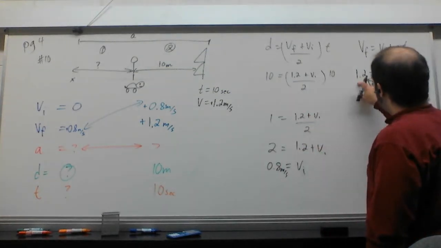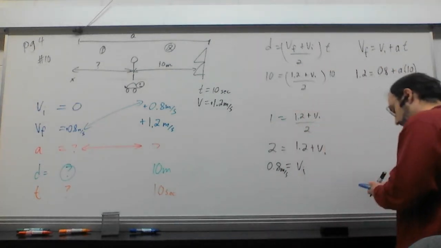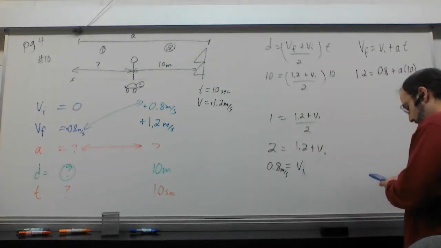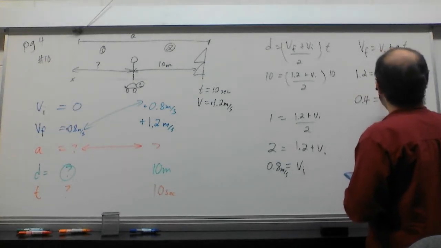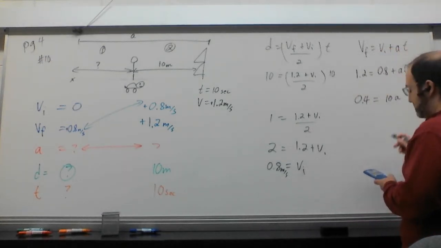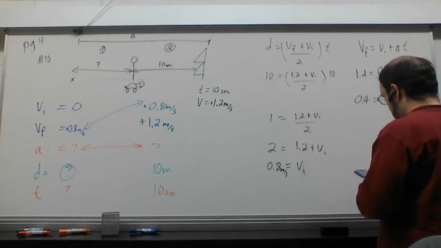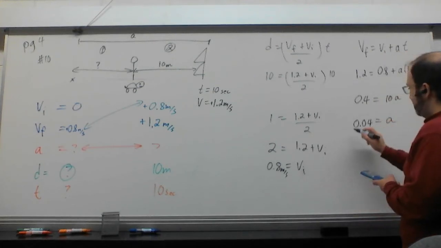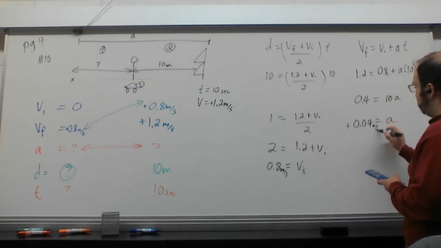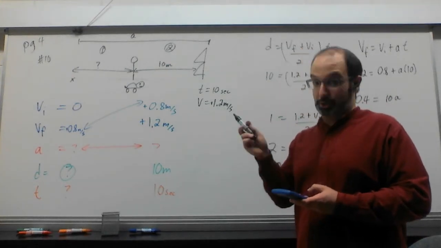So I'm going to take 1.2 minus 0.8. We get 0.4 equals 10a. Divide by 10. We're going to get 0.04 equals a. That is a very, very small acceleration, but I would remind you, it's a turtle.